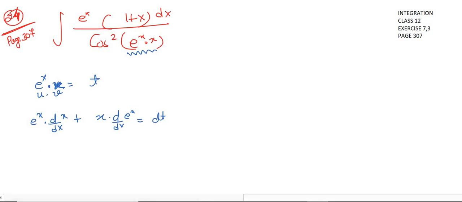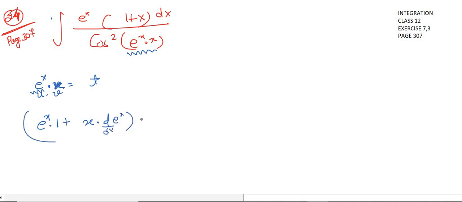I'm sorry, since I am doing derivative on both sides, it's not a differential question, so that's not how we write. How we write is this: e raised to power x, derivative of x is 1, plus x as it is, derivative of e^x, into dx is dt by using the uv method.